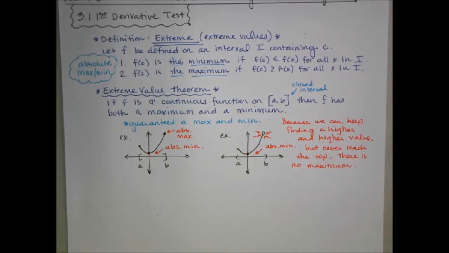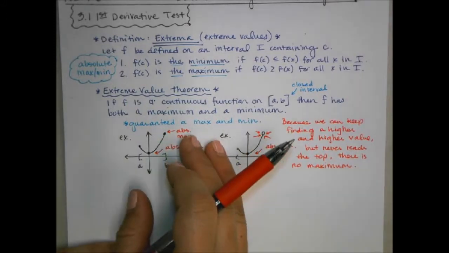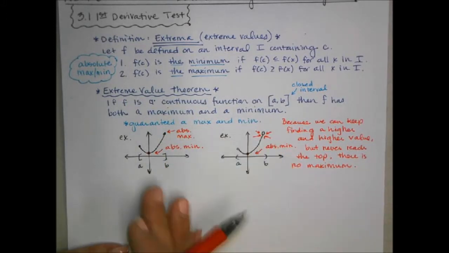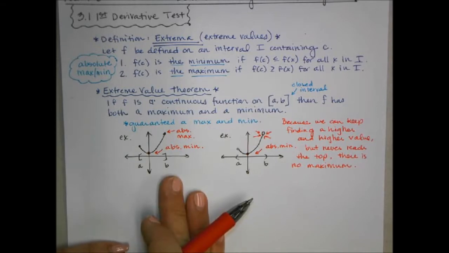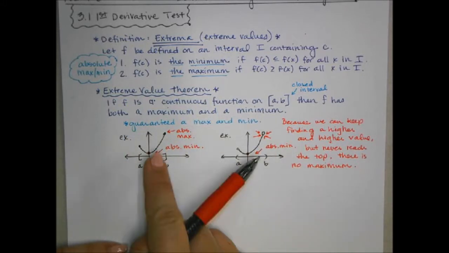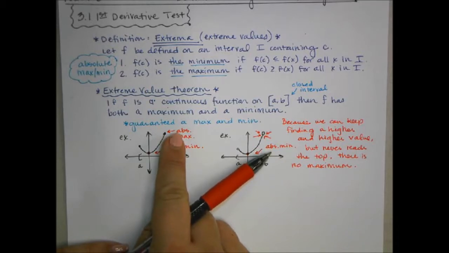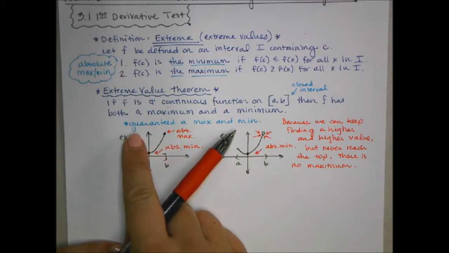So again, because it's an open interval, we're simply not guaranteed to have an absolute max and min. On a closed interval, you are guaranteed to have an absolute max and min. Remember that these values, a maximum or a minimum, is a y value, a height. So that same height could occur more than once.